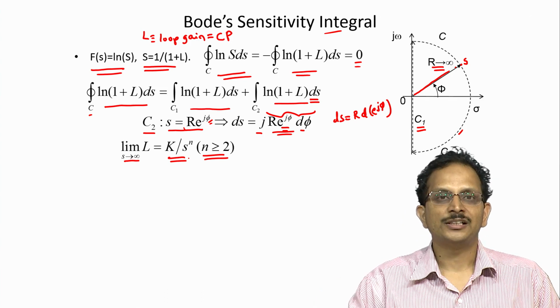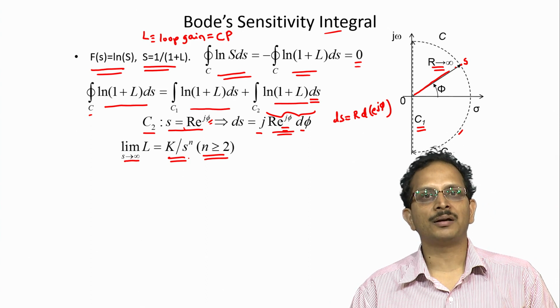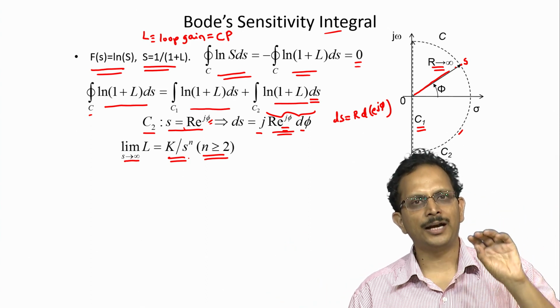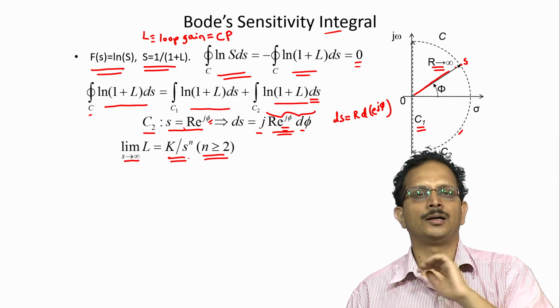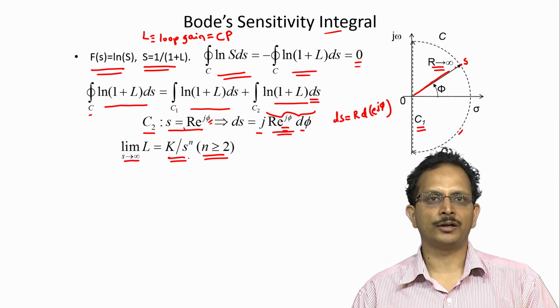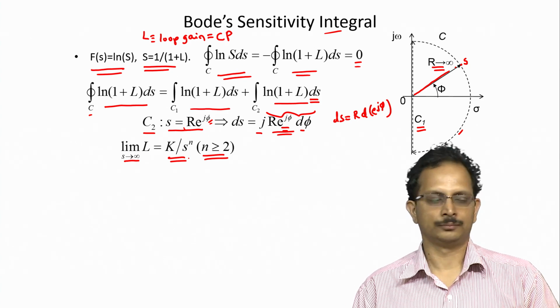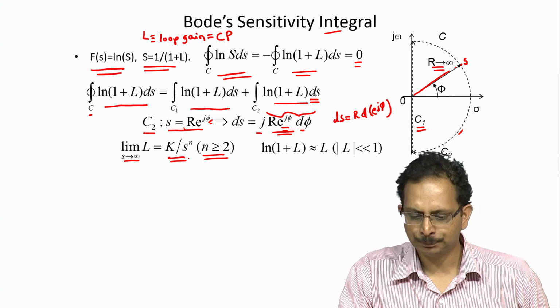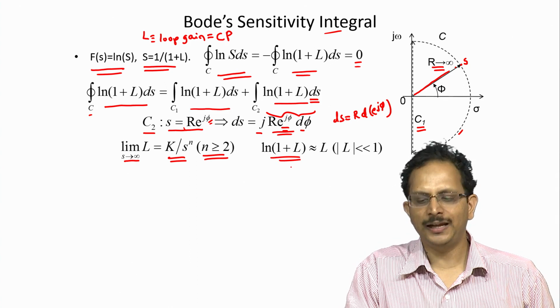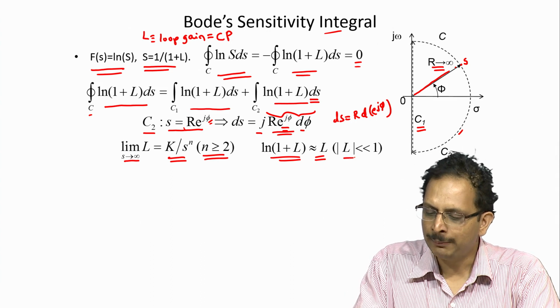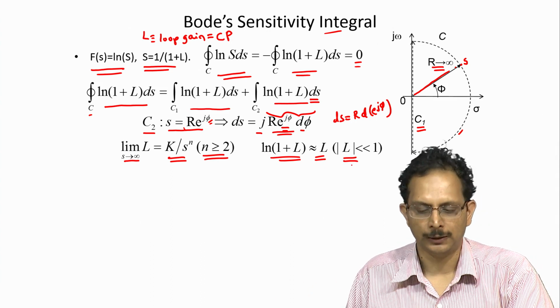So, because L is going to be a very small number at very high frequencies, because L rolls off, we can make one more approximation, and it is that ln of 1 plus L is approximately going to be equal to L in the limit that the magnitude of L is very small.